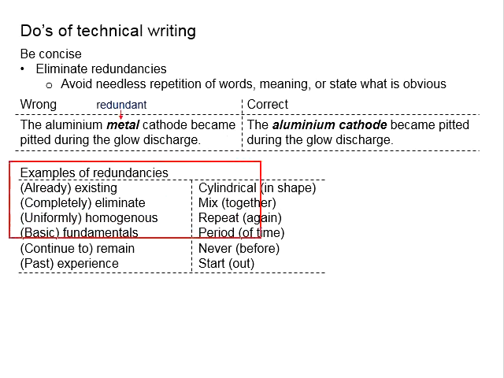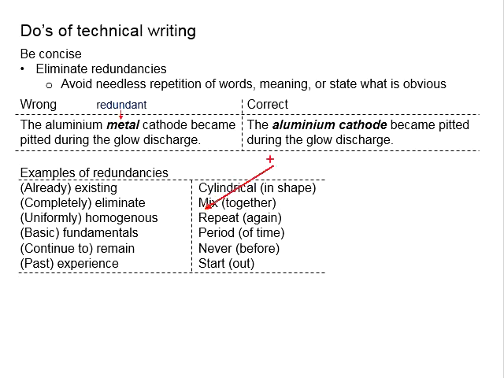These are some other examples of redundancies, such as already existing. That means you can remove the word already, as existing in fact has the information of already.